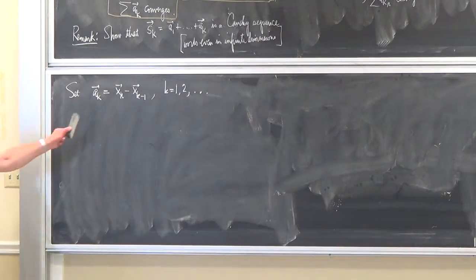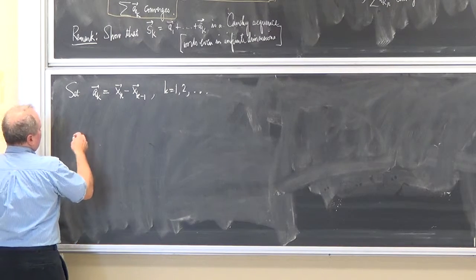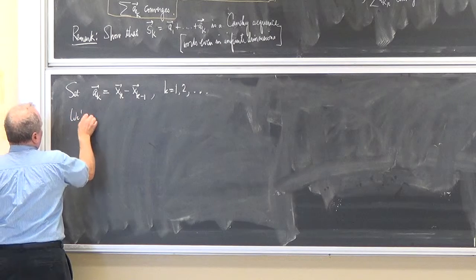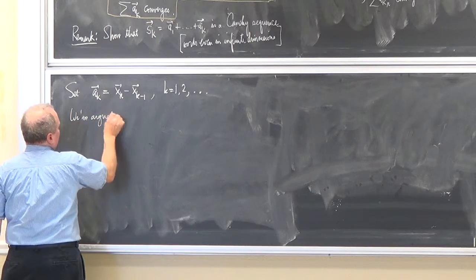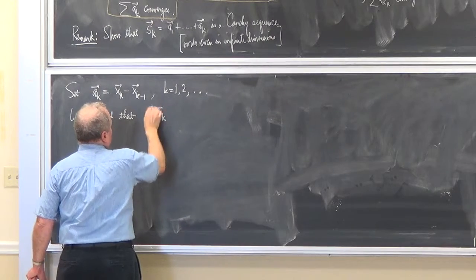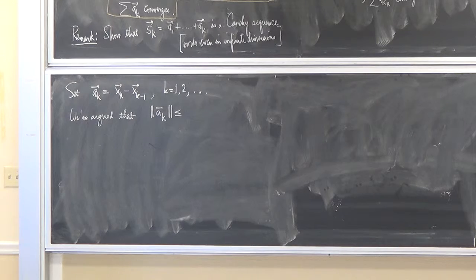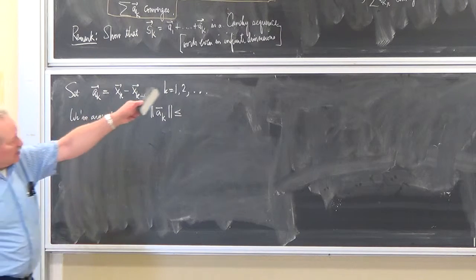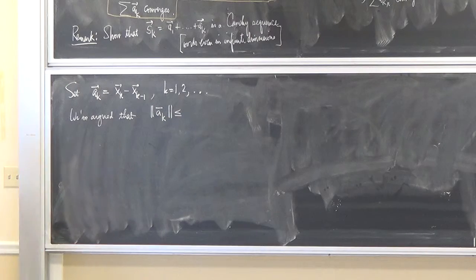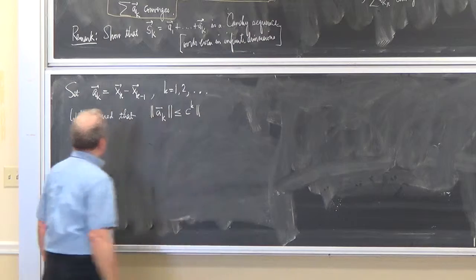So if you look at the differences between successive x's, call that a sub k. Then what we've argued now is that the magnitude of a_k is less than or equal to what? Just rewrite that thing we just did: C to the k, times x1 minus x0. Well, what's x1 minus x0?